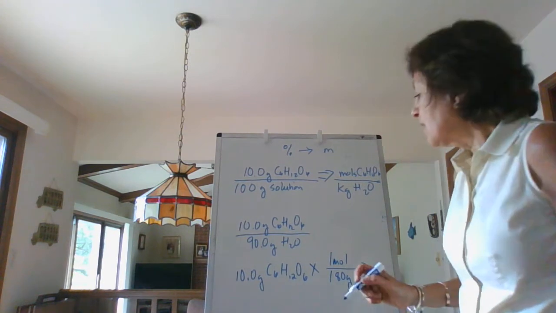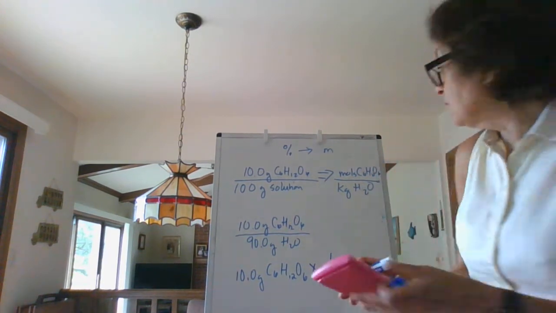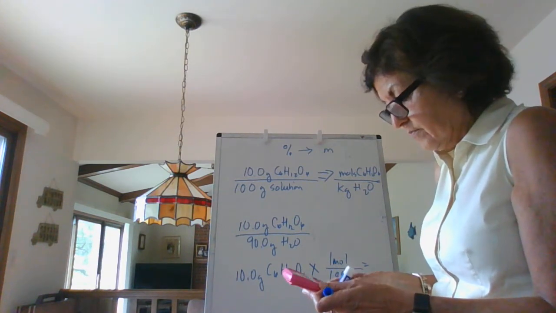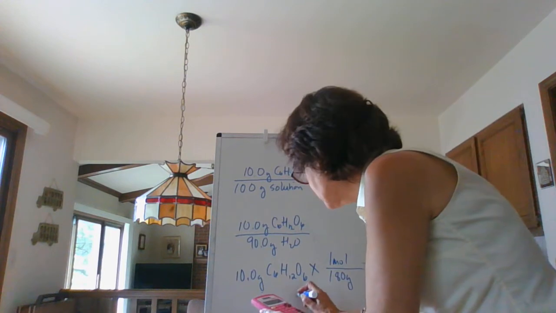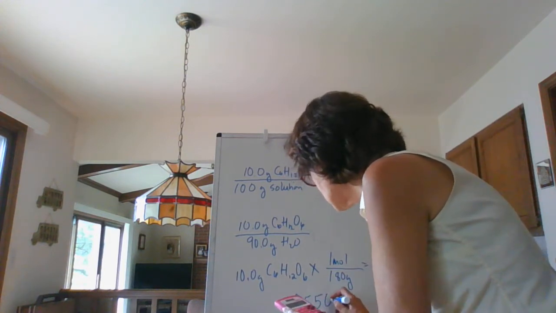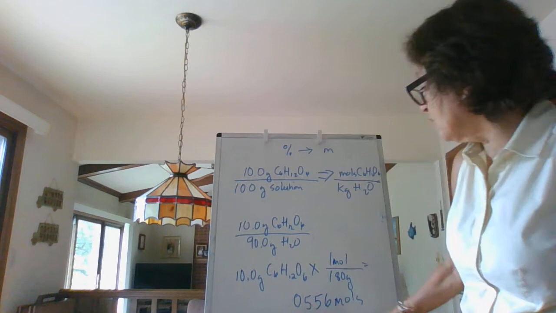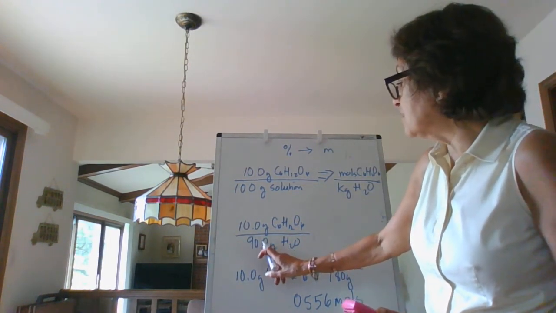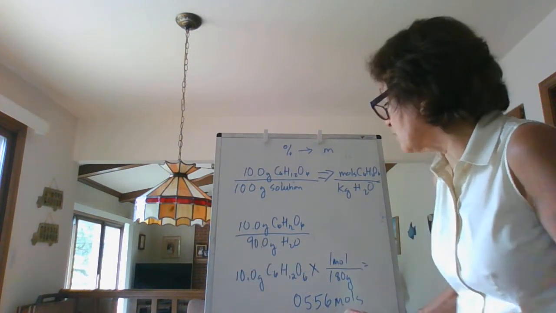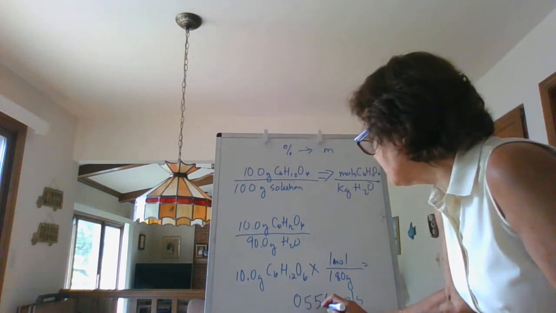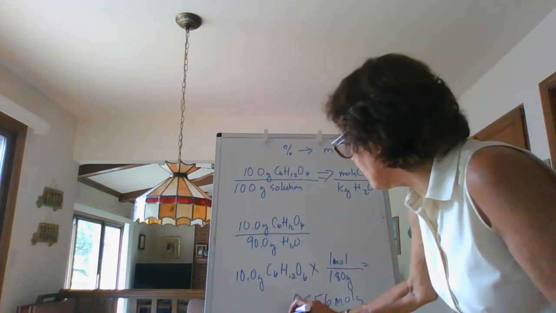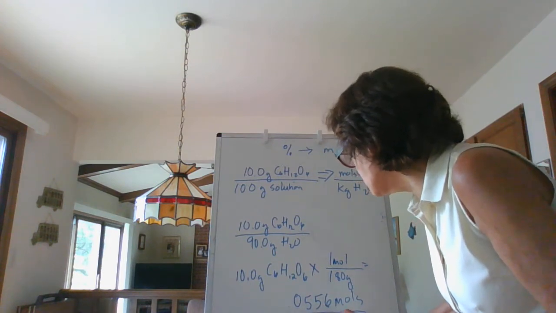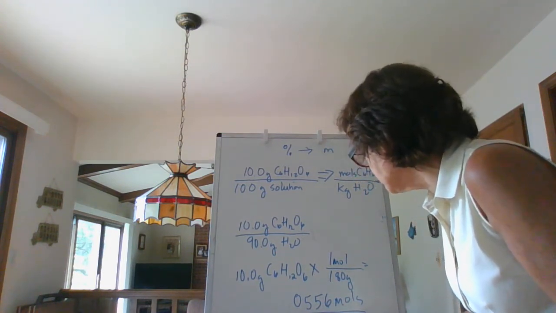All right. So let's go ahead and do the math. 10 divided by 180 is equal to 0.0556 moles. All right, so we know we have this many moles of glucose. So our 90 grams of water is 0.090 kilograms. So I'm going to put my 0.0556 moles that I just calculated, and I'm going to divide it by 0.0900 kilograms of water.